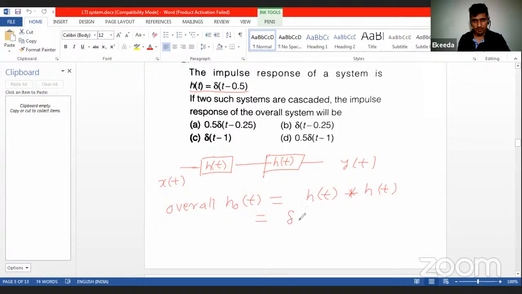And this is basically the impulse delta T minus 0.5. Similarly, this is delta T minus 0.5. Whenever either one is an impulse, the convolution is very easy.